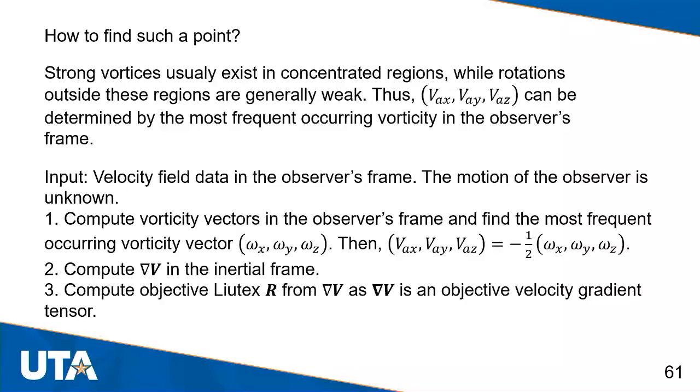Then we apply the theorem we talked about before and find Vax, Vay, and Vaz, and use them to find the velocity gradient in the inertial frame. From this inertial velocity gradient, we can calculate the Liutex. The Liutex calculated from it is the Liutex in the inertial frame, so we get the objective Liutex result.